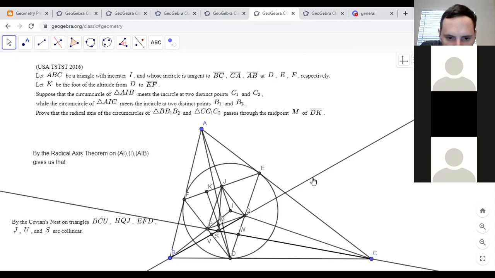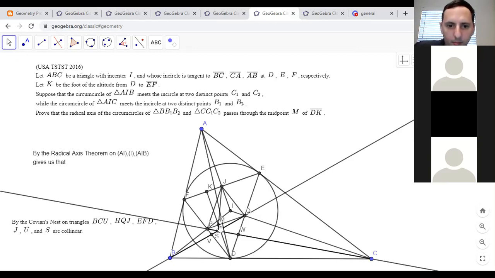MP over MQ will be equal to sine PSM over sine QSM times PS over SQ. Okay, so I'm a little confused here. How do we define M?